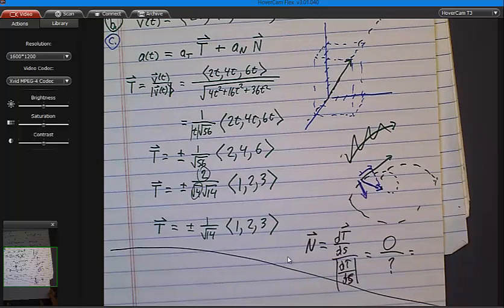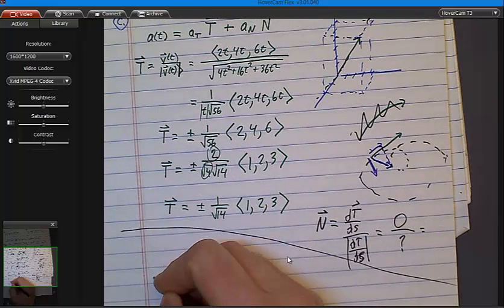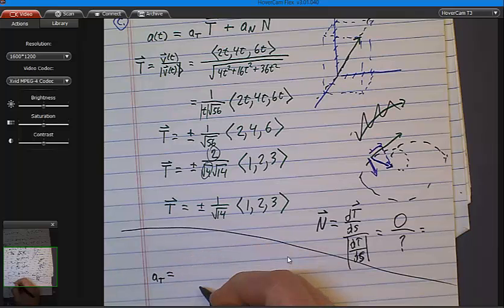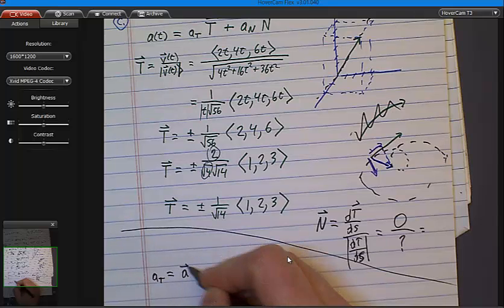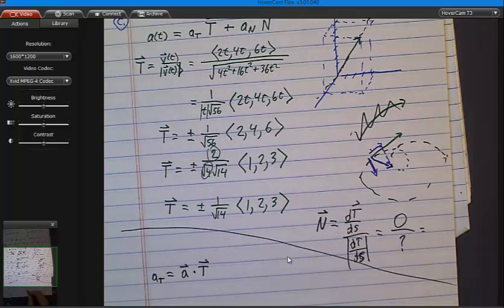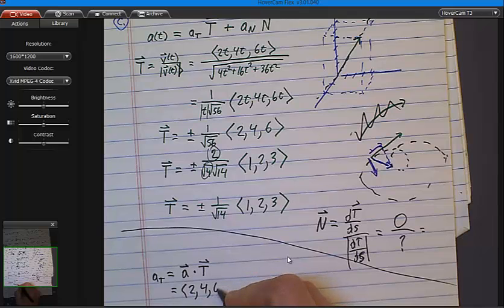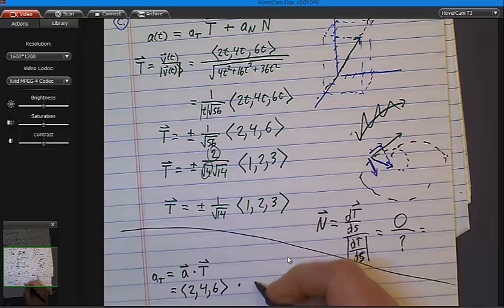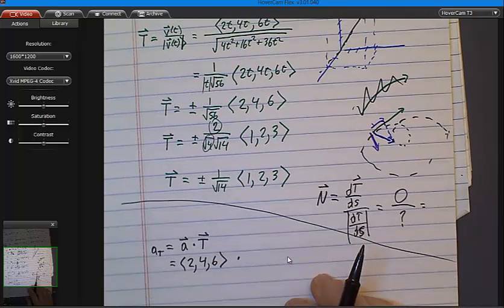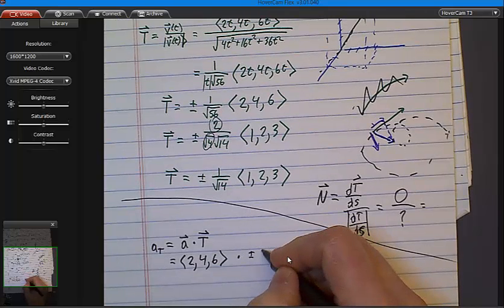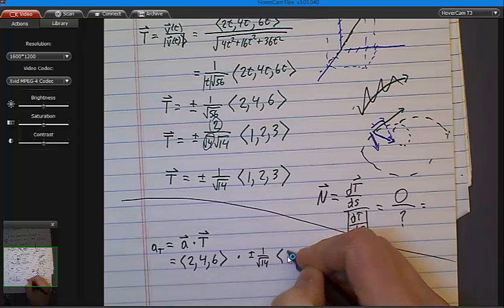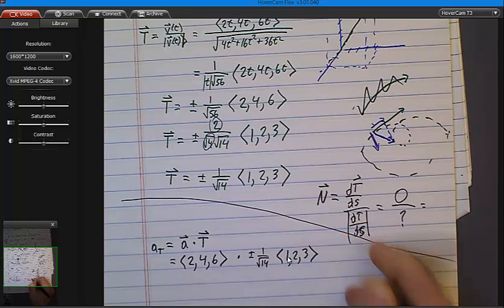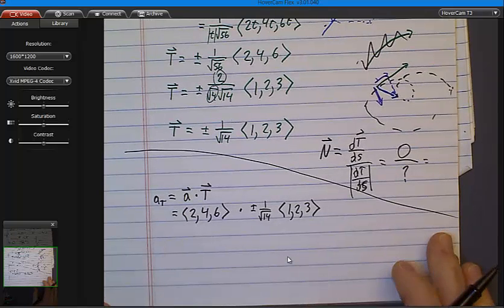In general, how do you compute a_T? Well, what the book suggests doing is let's take our vector A and dot it with T. So let's see what that does in our case. What's our vector A? Our vector is 2, 4, 6. Let's dot that with, I said, plus or minus 1 over the square root of 14, 1, 2, 3. All right, I can do that.